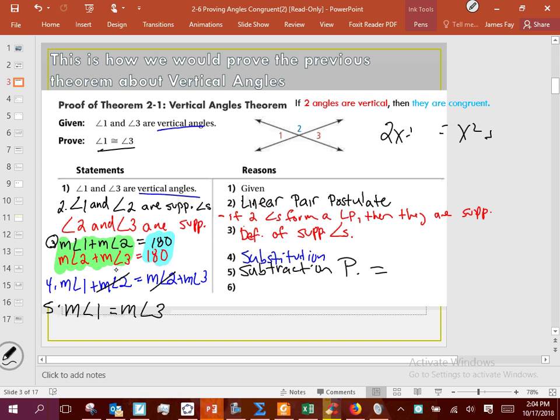But they both come from shapes that are angles, right? So if the sizes are the same and the shapes are the same, we have congruency. That meets the definition of congruency. Same size, same shape. So we can then jump from equality straight to the fact that angle 1 is congruent to angle 3. The definition of congruency, abbreviate that way.